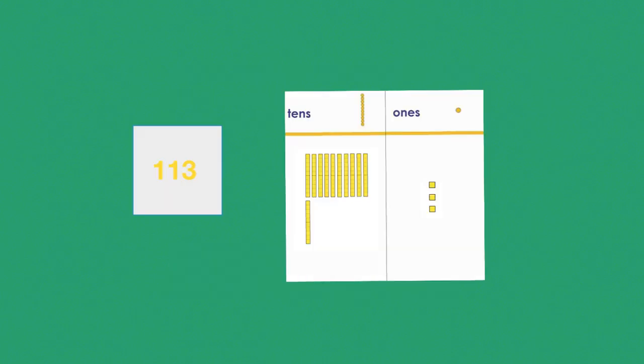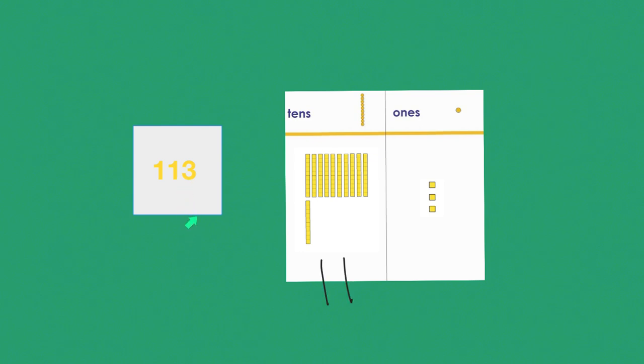All right, let's put our vocabulary to work. So here we have the number 113. We're going to go over to our place value chart and see that we have 1, 2, 3, 4, 5, 6, 7, 8, 9, 10, 11 rods or groups of 10 in our tens place.